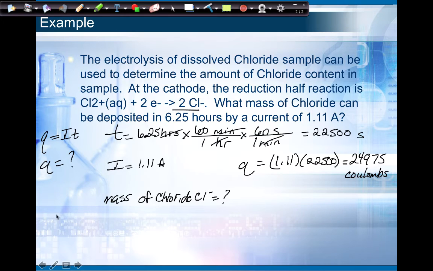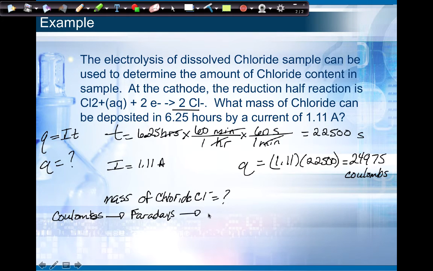So I'm going to start with coulombs. That's what I have. Then I'm going to go to Faradays, because I do have a conversion factor. I know that one Faraday is equal to 96,485 coulombs.